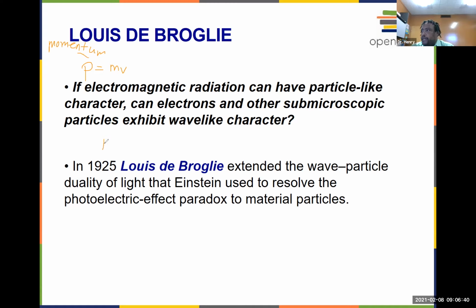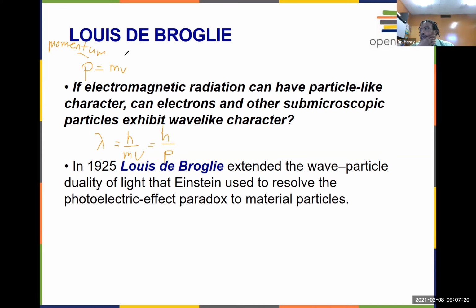if we have lambda is equal to h over m v, fix my lambda so it looks like a lambda, not an H. Or we could say H over P. Okay.